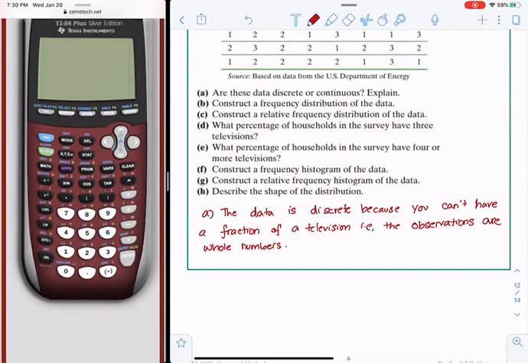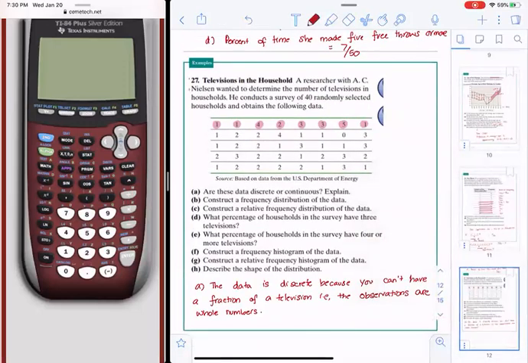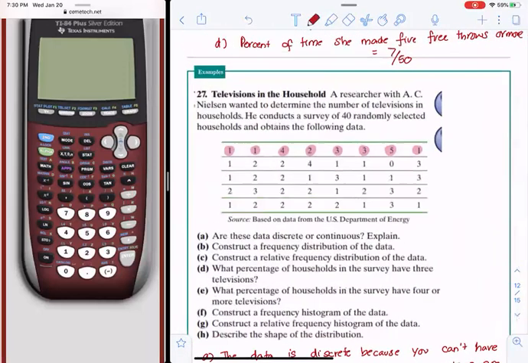Now we want to construct a frequency distribution. We've got to be careful here. The histogram is created for continuous data. In that case, we have classes because we don't have an individual value, rather we have a range of values because the data is continuous. In this case, though, the data is discrete.